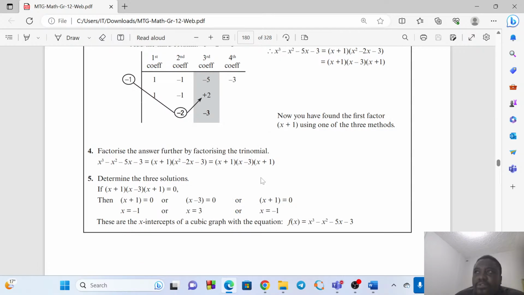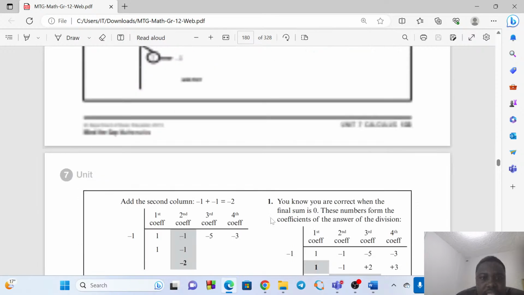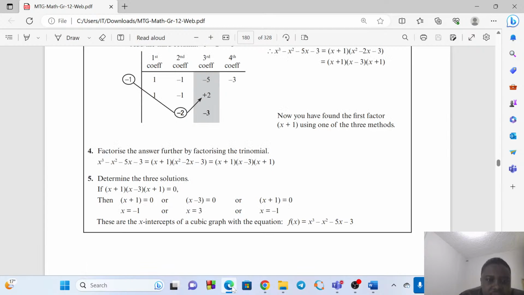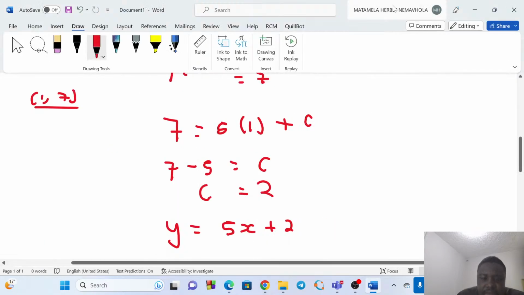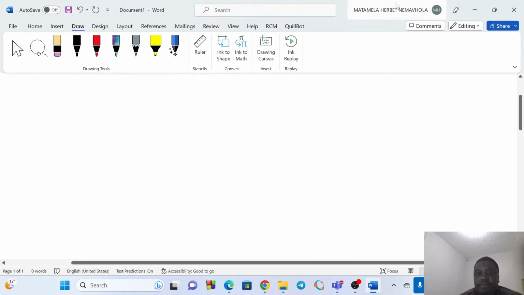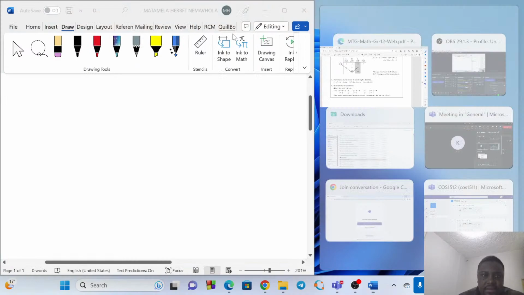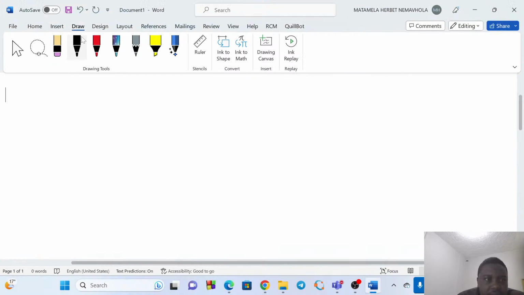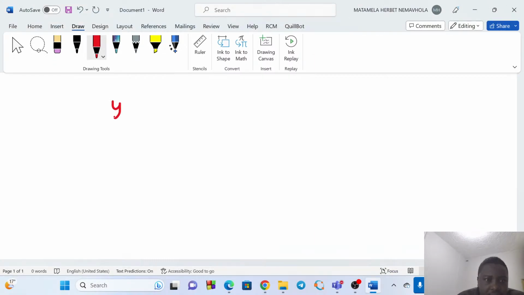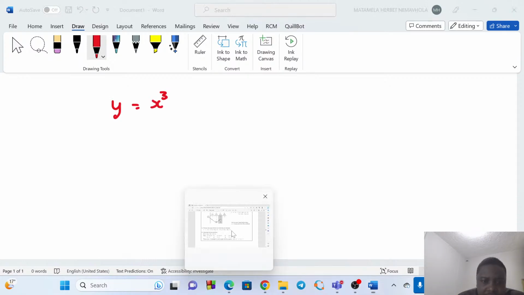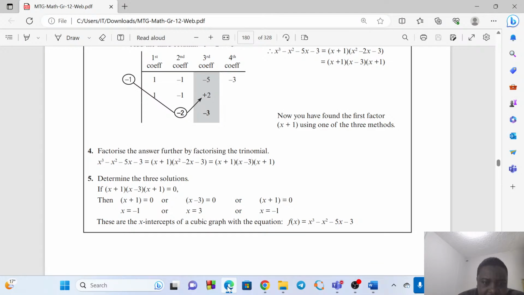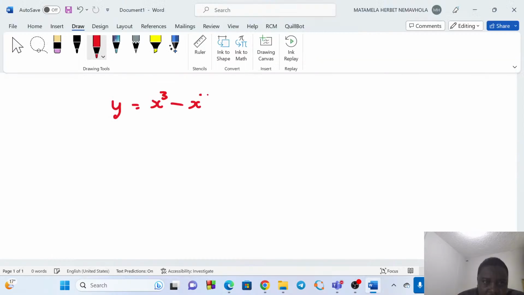So the equation we are going to use is, let's say, y equals x cubed, let me just write it down, minus x squared minus 5x minus 3.